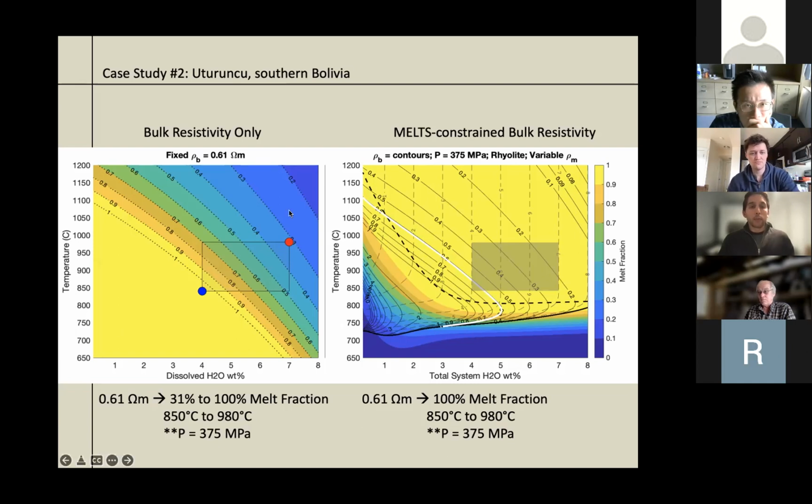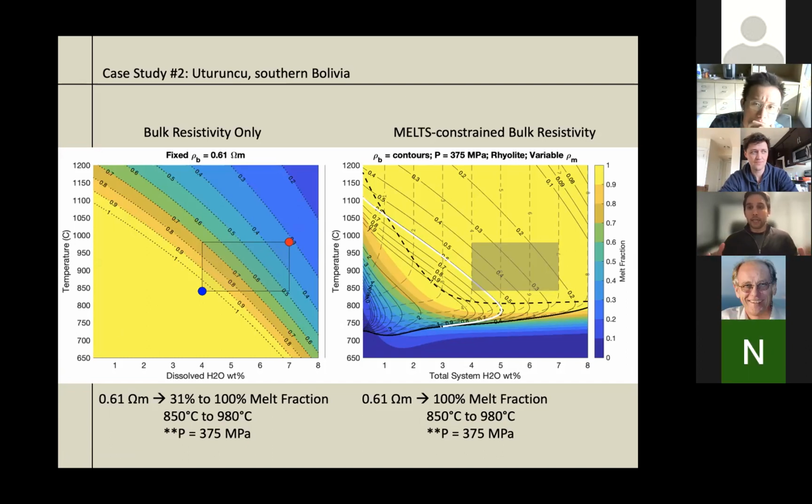So the workflow that I showed at the beginning is the way that we estimate bulk resistivity generally. At least for volcano studies, we have the melt resistivity and the crystal resistivity, and we combine those into some sort of mixing model.